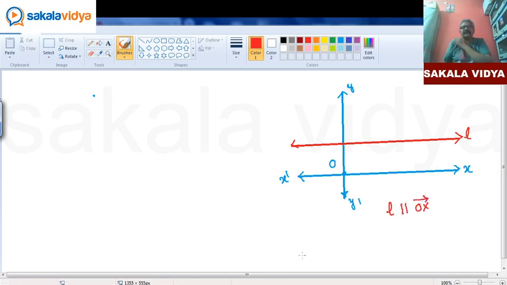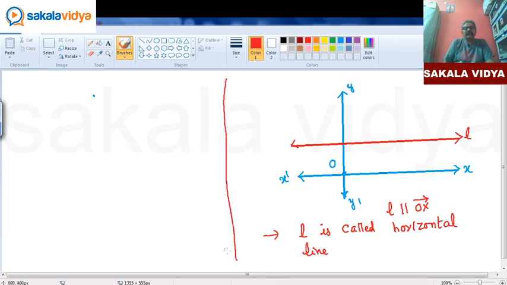So, then L is called a horizontal line. Now here one question: what is the angle of inclination of the horizontal line? Since the horizontal line is parallel to the x axis, the angle of inclination will be 0 degrees.